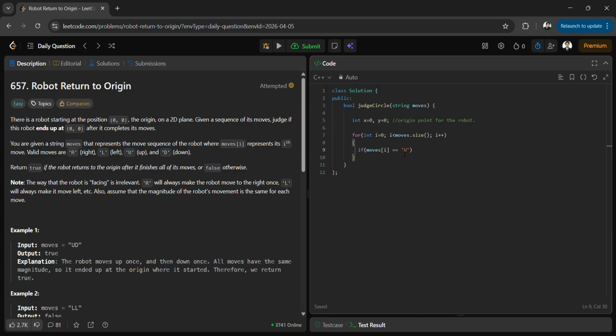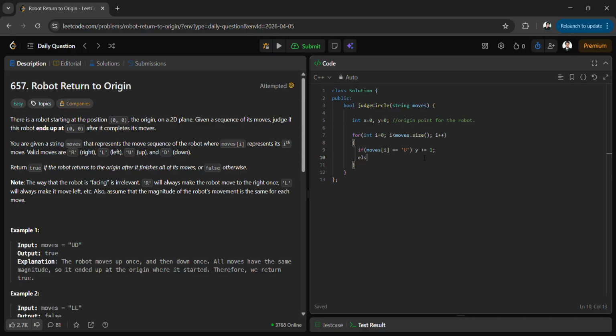We have to change the coordinate towards the up direction. When dealing with up and down, we consider the y coordinate, which we initialized as 0. So we do y plus equal to 1, moving in the up direction.